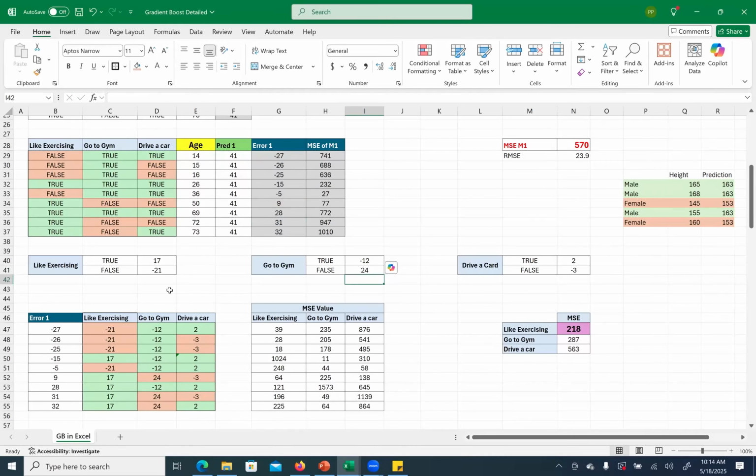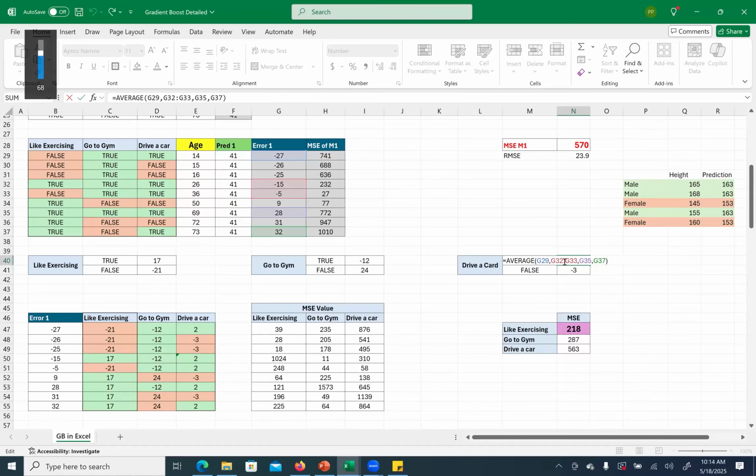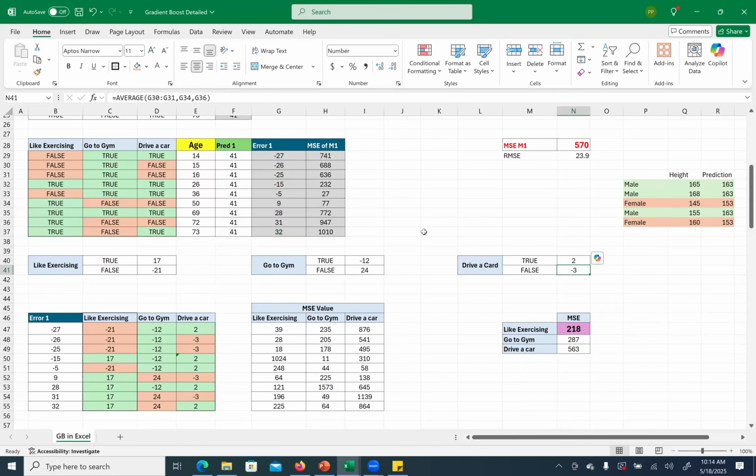So wherever go to gym was true, minus 12 becomes my prediction, and wherever it was false, 24 becomes my prediction. Same goes for drive a car: wherever it is true, my prediction is 2, and wherever it is false, my prediction is minus 3.